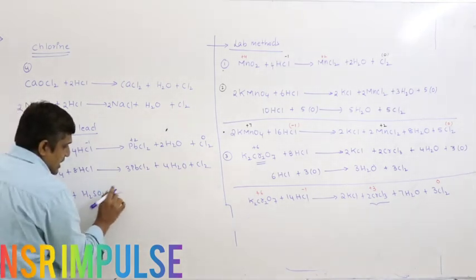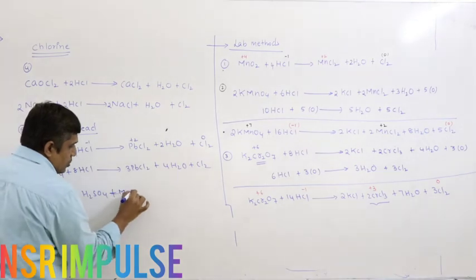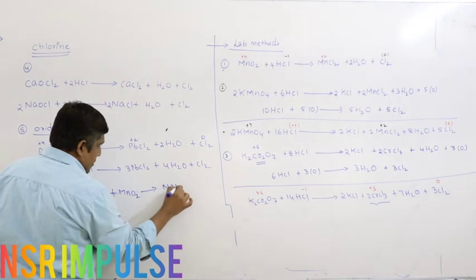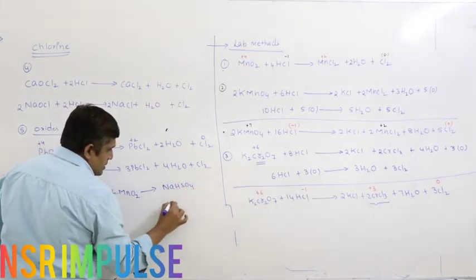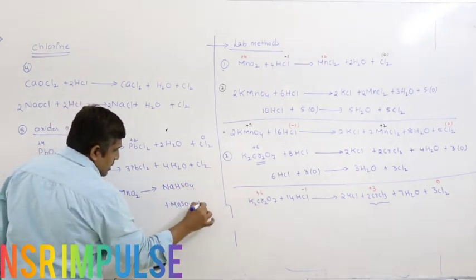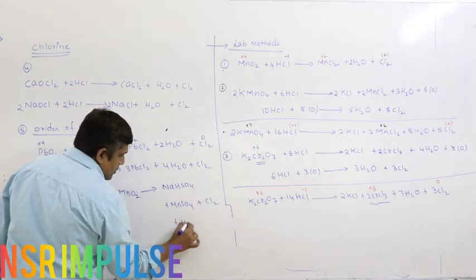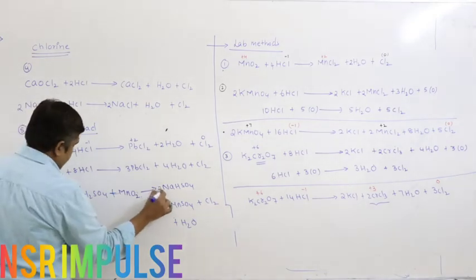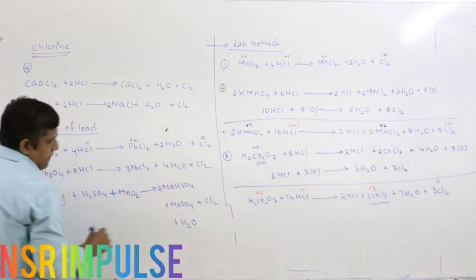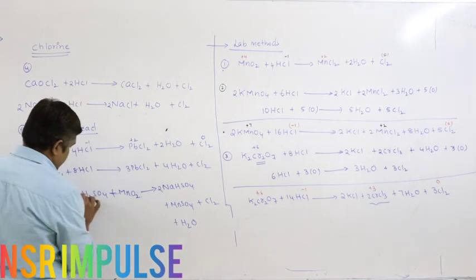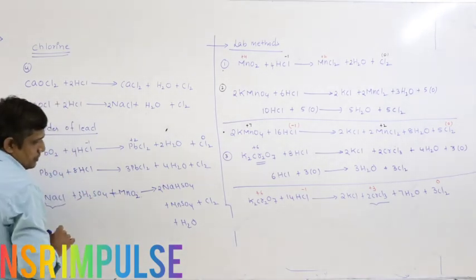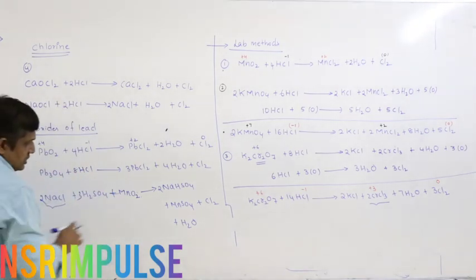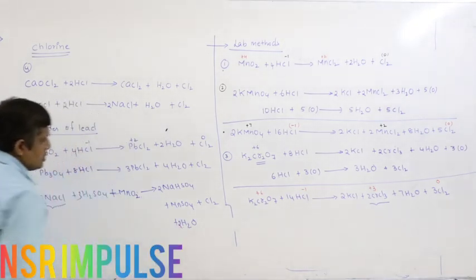So once I get HCl, that can be allowed to react with MnO2. The products are sodium bisulfate plus manganese sulfate and chlorine as well as water, because 2 plus 1, 3 H2SO4, 2H2O, 2 oxygens, 2 H2O.